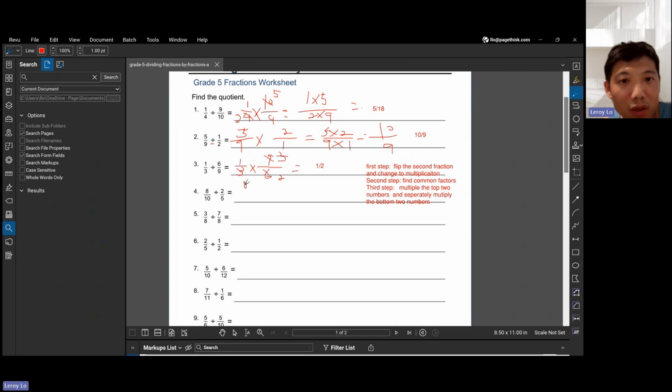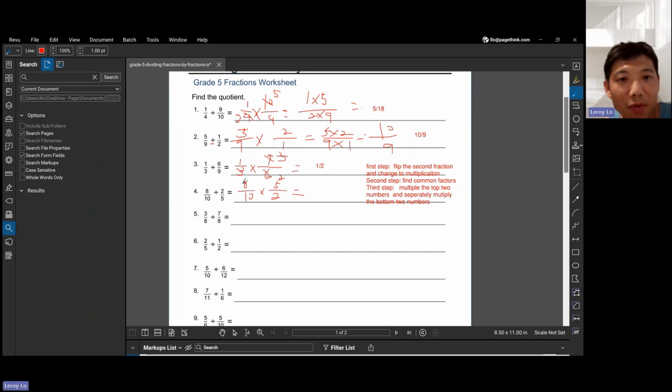So first, you put down the numbers, 4/10, and then you flip the second fraction and change from division to multiplication. So you put the multiply here, and then you put 5 on the top, and then 2 on the bottom.